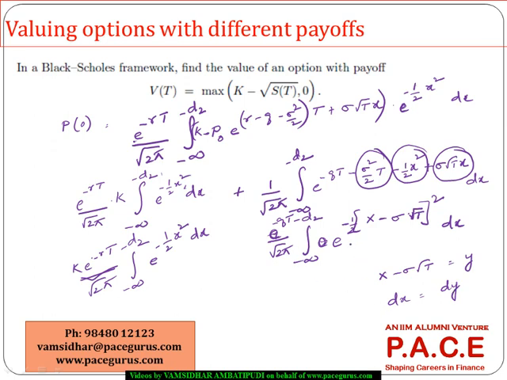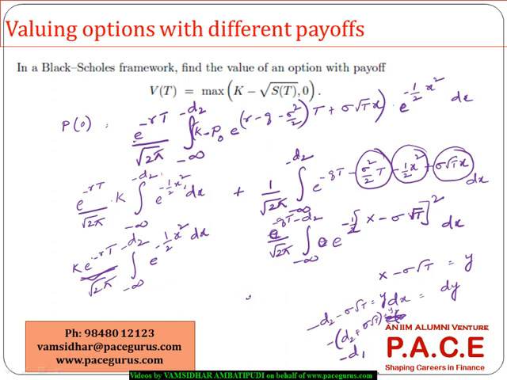And when I am substituting, instead of x I am taking y, if I have to translate it into y, it becomes minus d2 minus sigma root t equal to y, minus of d2 plus sigma root t equal to y, and this is what becomes minus d1.